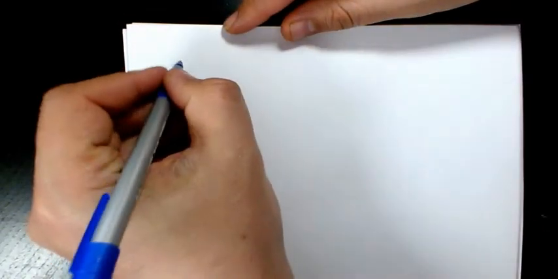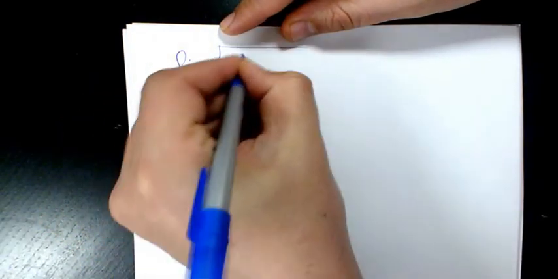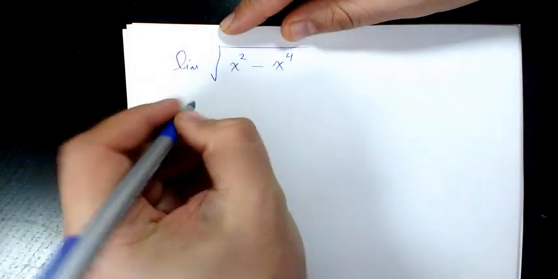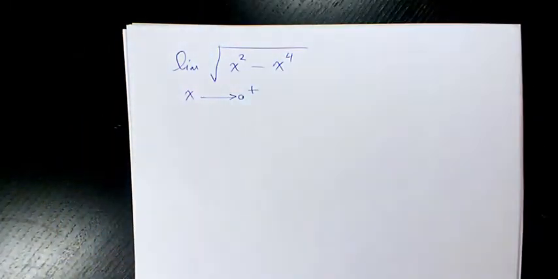Next example, we have the limit of x squared minus x to the power 4, and we need to find out the right limit when x is approaching 0.